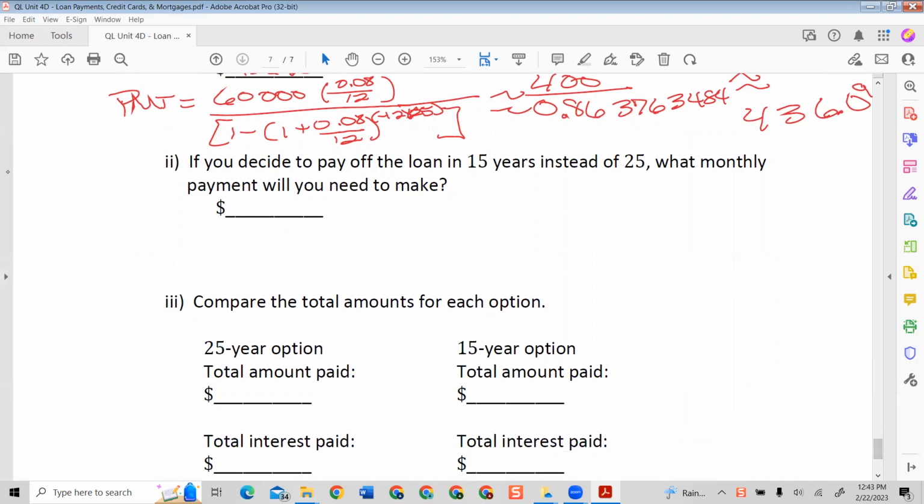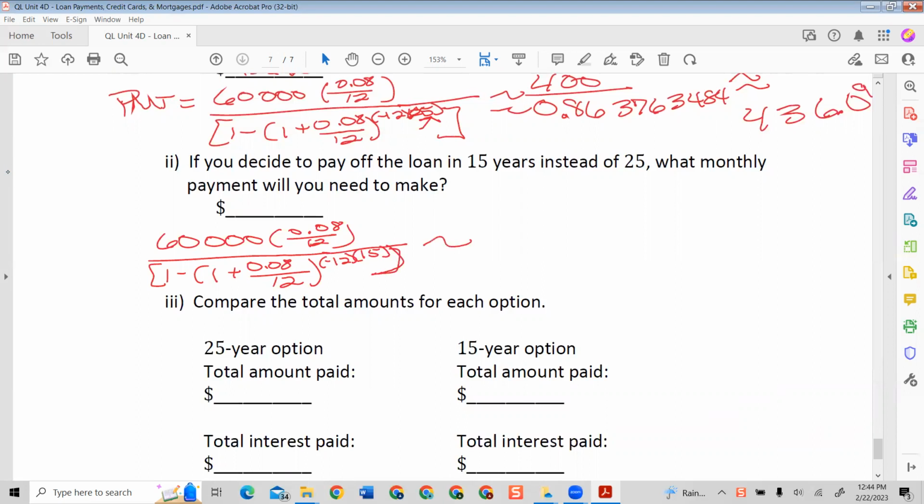Right, if you decide to pay off the loan in 15 years instead of 25, we're going to calculate that. So we're going to take that same formula here, and right where we put 25, we're going to just put 15. So what do I got? 60,000 times 0.08 divided by 12 all over, and then raise it to negative 12. I was writing it like this on the one above, but my writing got sloppy there. All right, let me type this in my calculator.